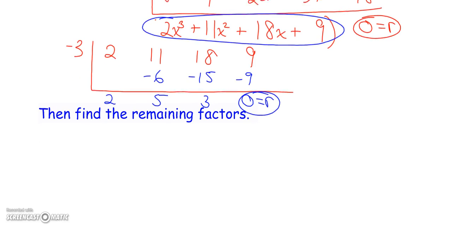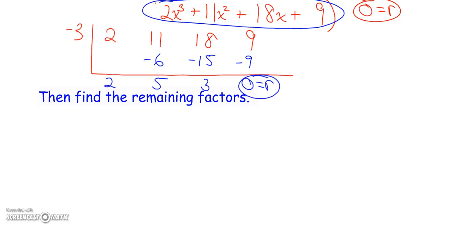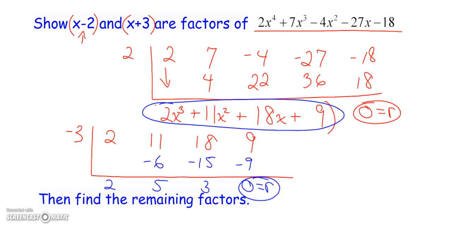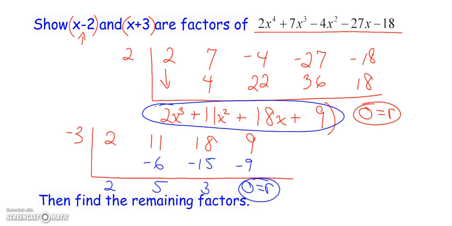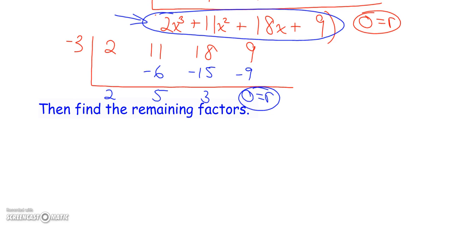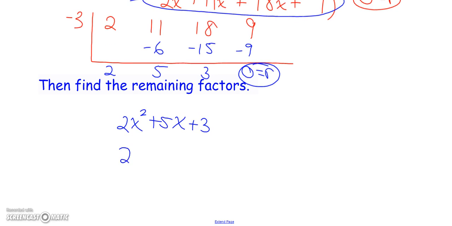And last but not least, then find the remaining factors, and I go, well, if x minus 2 went into there this many times, and if x plus 3 continued to divide evenly into it, and it went in 2x squared plus 5x plus 3 times, well, now I'm asking you to find the remaining factors, and this is a trinomial which is factorable, so you'd set up your 2x and your x.